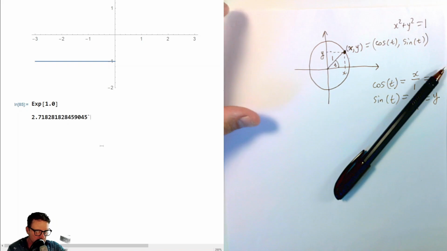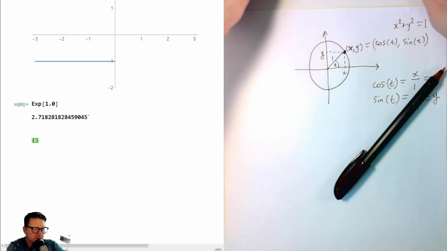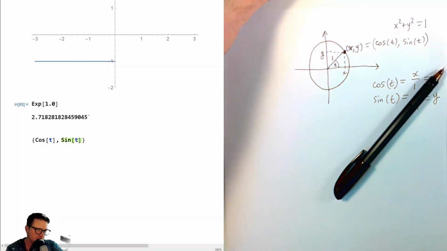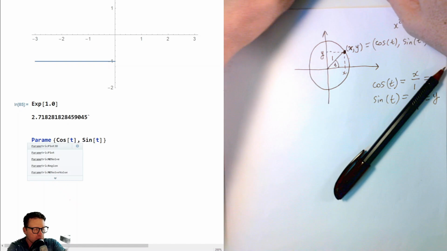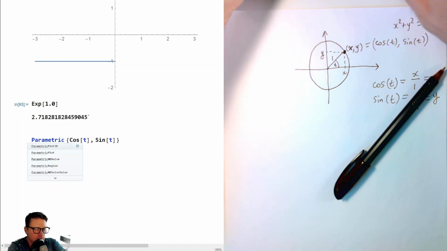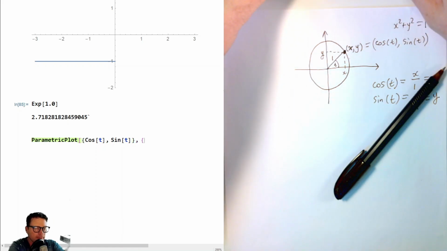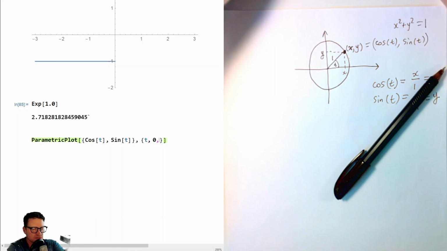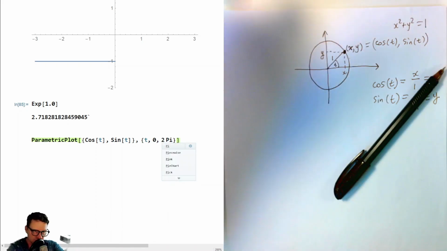And in fact, if I come on the computer here and I ask for a plot of the points cos of t, sine of t, right? There I've written the point. So I'll write now parametric plot. As t goes from 0 to 2 pi, because this is done in radians, that's the full circle.